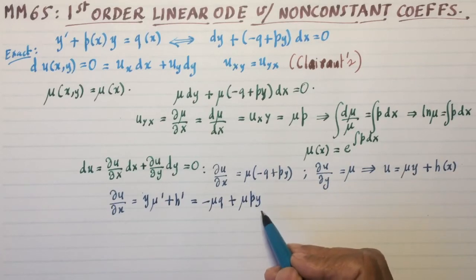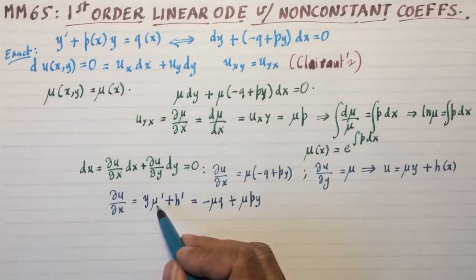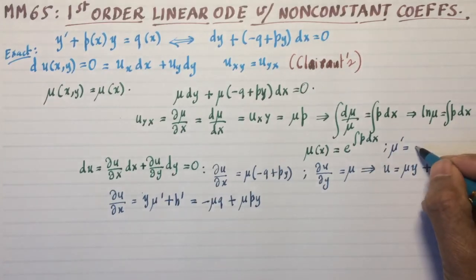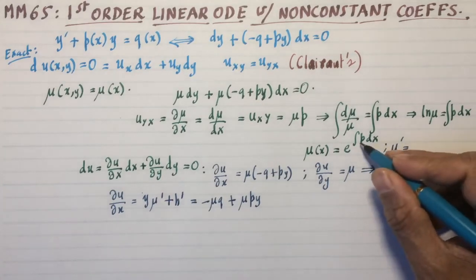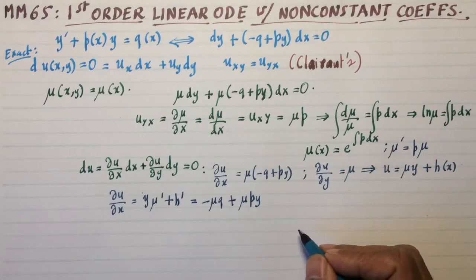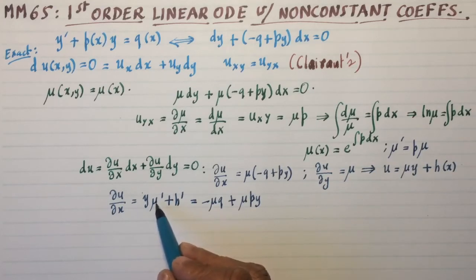So the upshot is that you're going to compare these two things. Mu prime, when I differentiate with respect to mu, I'm going to get p times mu. So mu prime is just p times mu.